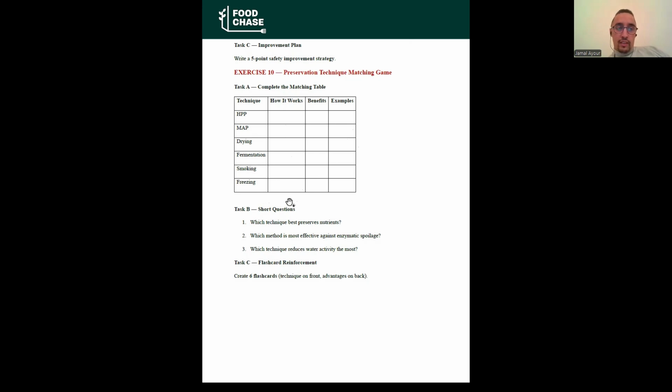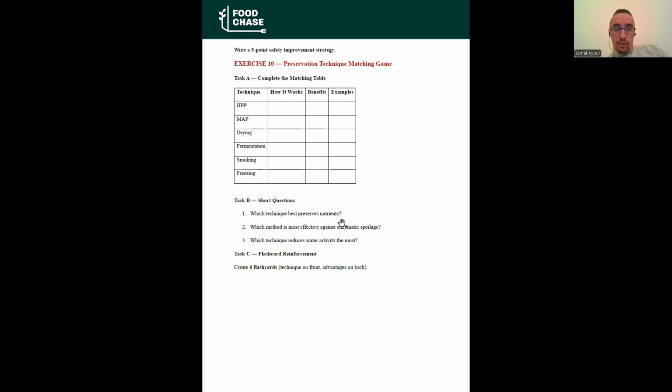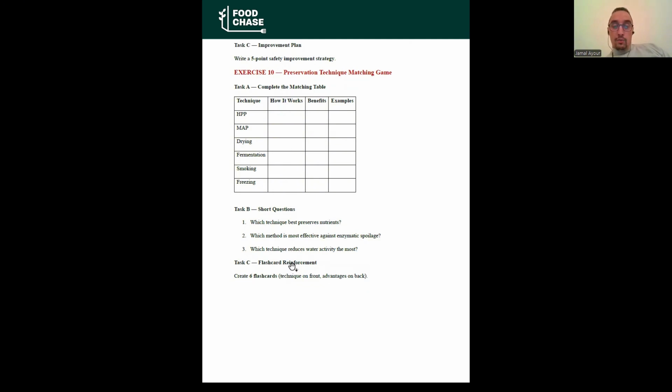For task number two, task B, the question's objective is to identify the technique that preserves nutrients, and which method is most effective against enzymatic spoilage, for example, which technique reduces water activity. The objective is to compare the different methods and understand their principles. The last task is about flashcard reinforcement.